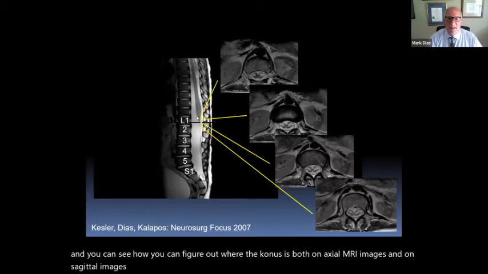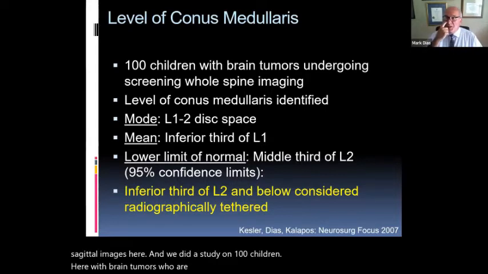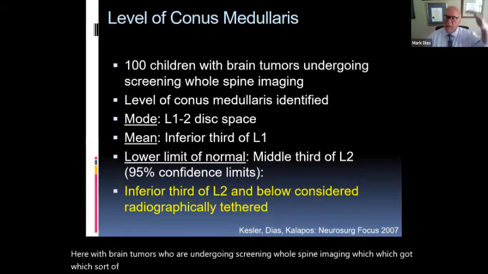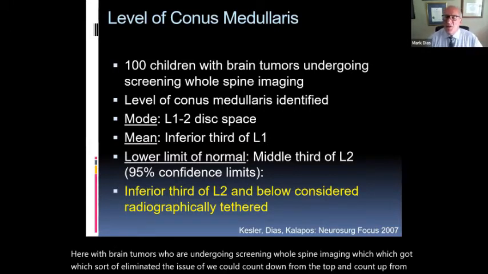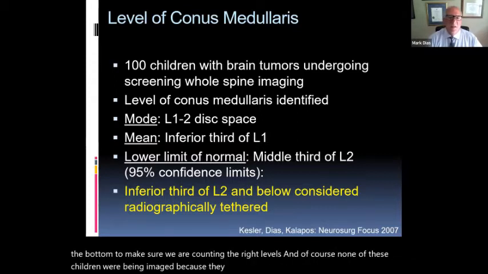And we did a study on 100 children here with brain tumors who were undergoing screening whole spine imaging, which sort of eliminated the issue of whether we could count down from the top and count up from the bottom to make sure we were counting the right levels. And of course, none of these children were being imaged because they had symptoms of spinal cord tethering.